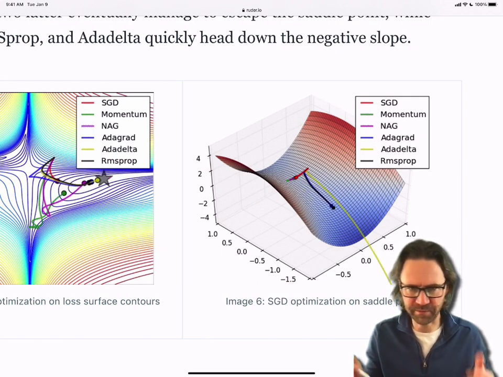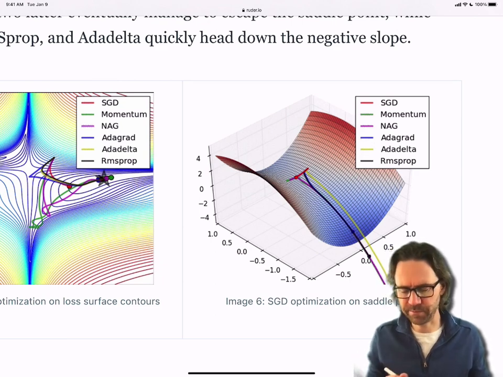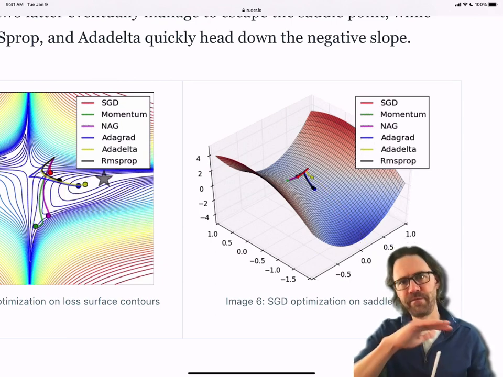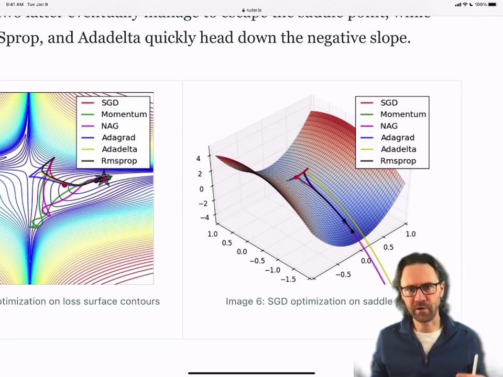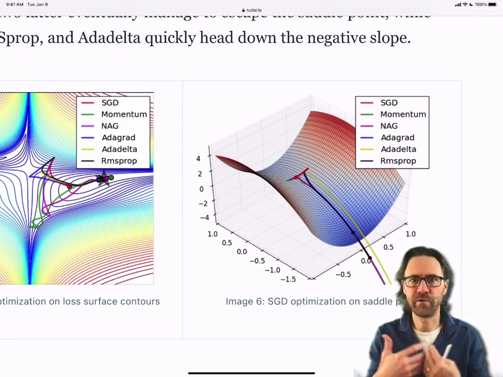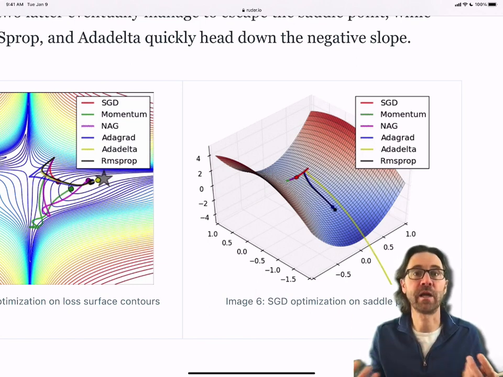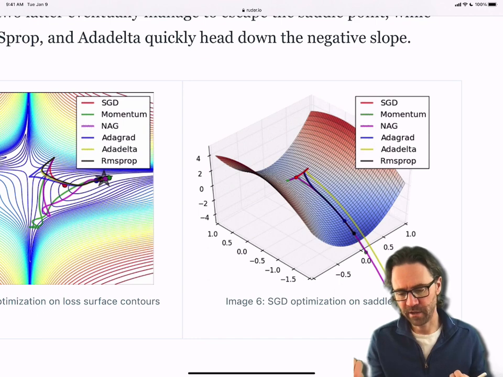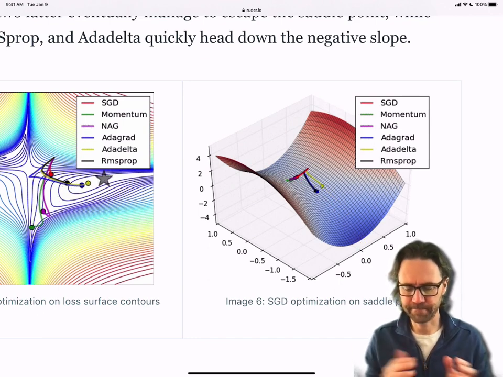It goes back and forth but stays balanced. The momentum one does start to build up some speed and eventually falls down the side. These other methods are even far more effective at dampening this back and forth oscillation and instead integrating and building up momentum in the direction of the downhill part of the saddle.